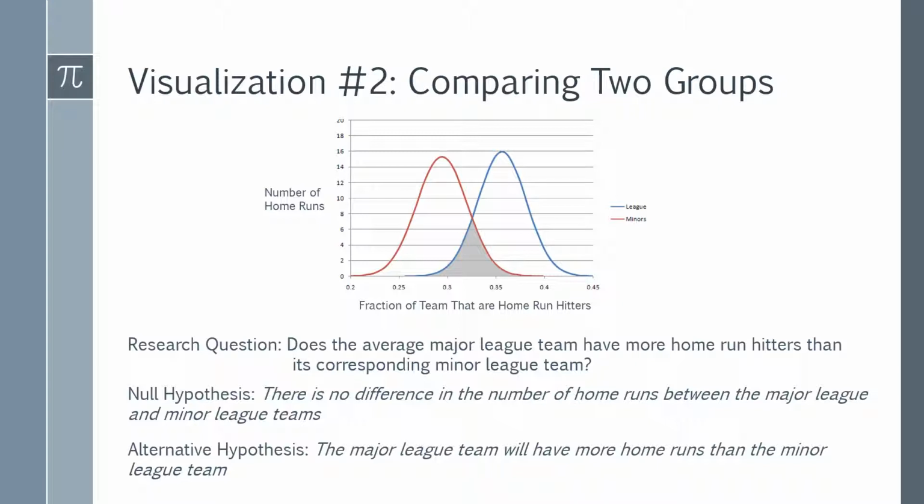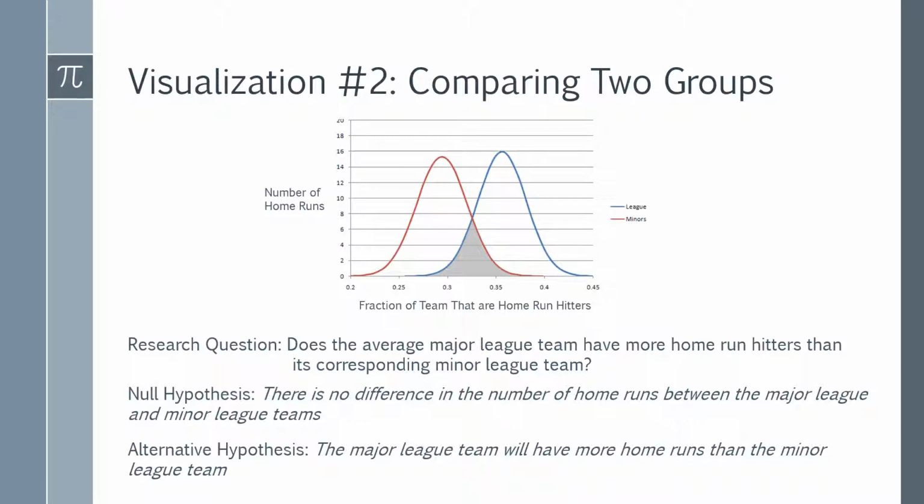In this case, we assume that there is no difference in the number of home runs for the major league teams and their minor league counterpart. The alternative hypothesis is that major league teams will have more home run hitters than their minor league counterpart.